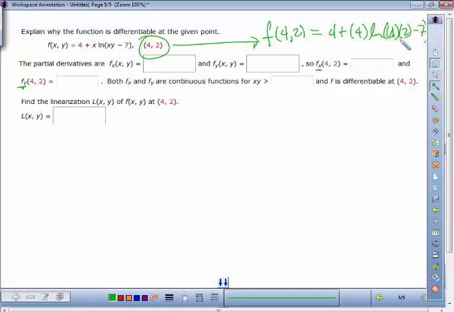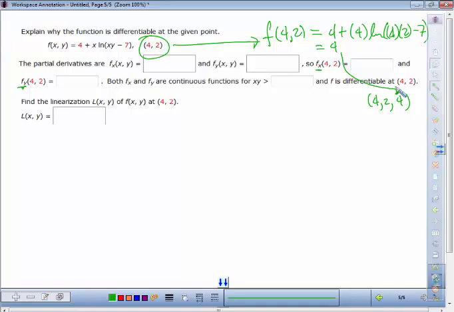So 4 times 2 is 8. 8 minus 7 is 1. ln of 1 is 0. 4 times 0 is 0. 4 plus 0 is 4. So your point is 4, comma 2, comma the z that we just found, 4. Okay.